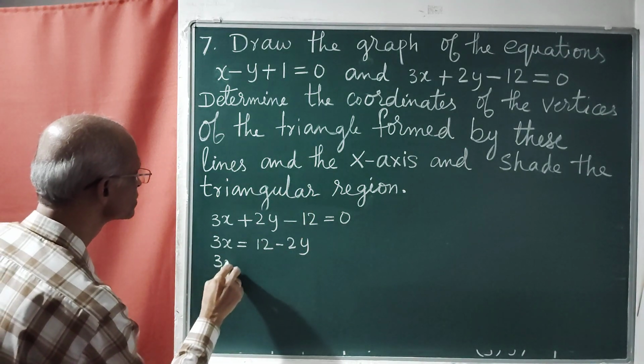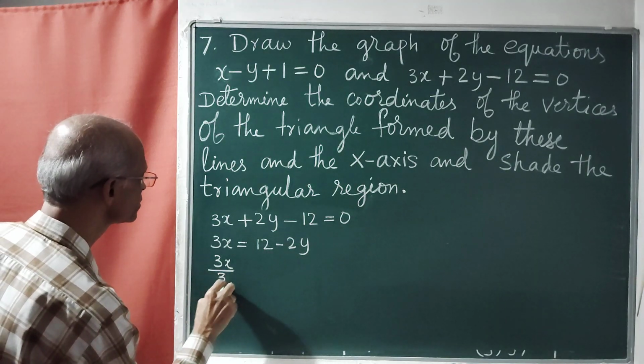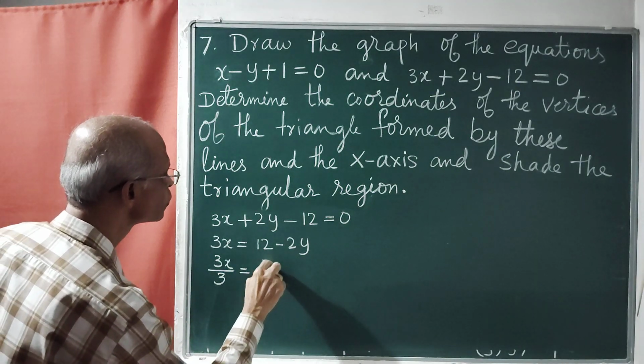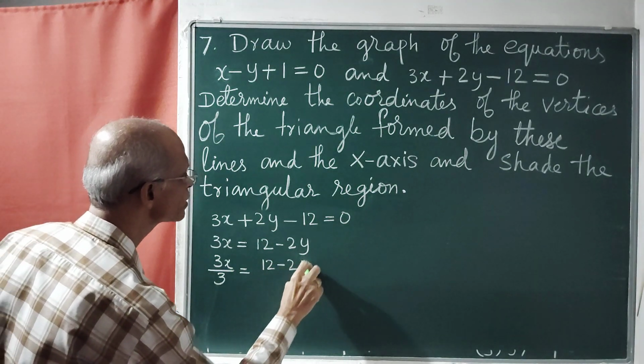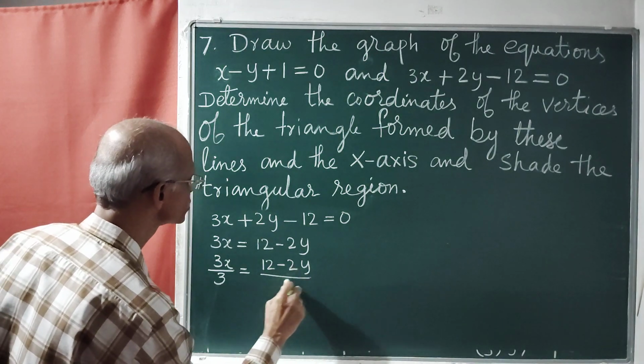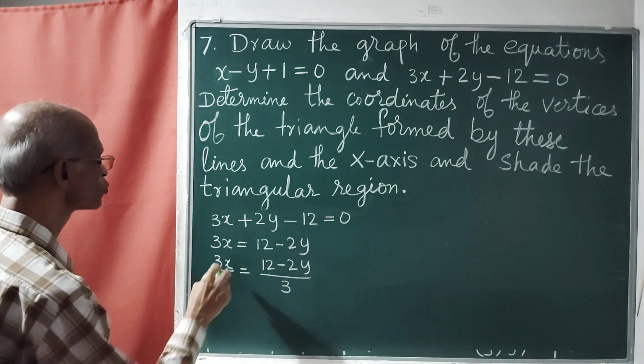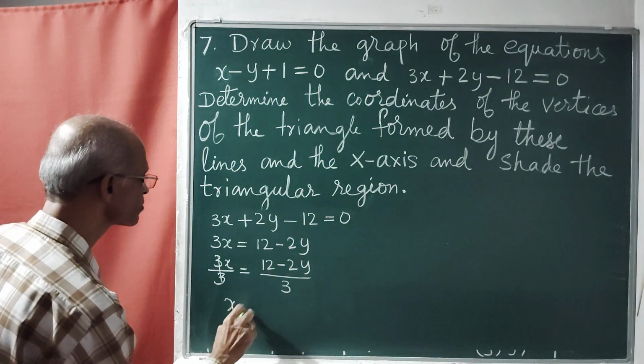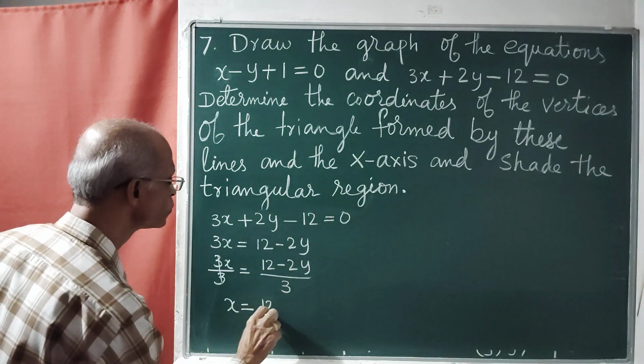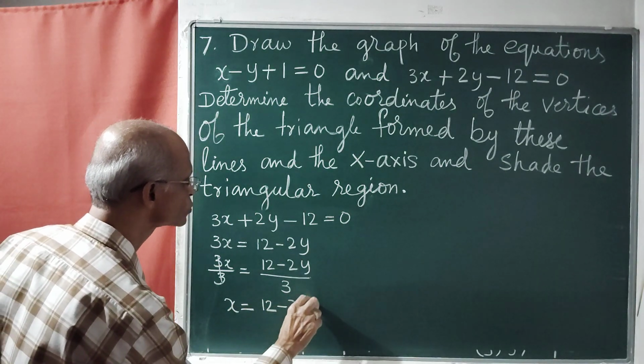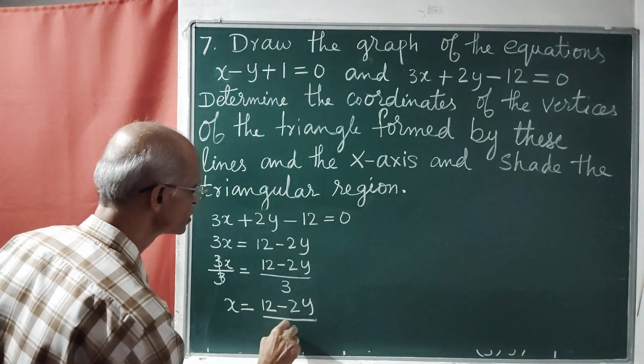So 3x divided by 3 will be equal to 12 minus 2y, the whole divided by 3. So 3 will get cancelled here. X will be equal to 12 minus 2y, the whole divided by 3.